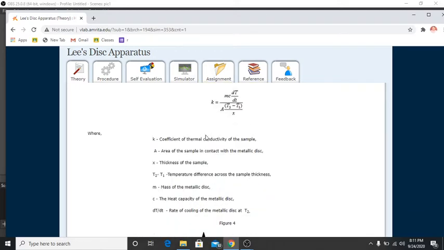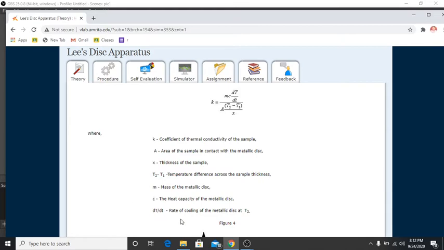So k is the coefficient of thermal conductivity of the sample, A is the area, x is the thickness of the sample, then the temperature difference, then the mass of the metallic disc and the heat capacity of the metal you are using. Suppose you are using brass here, and in place of brass if you are using another metal such as aluminium, then you will use that particular heat capacity.